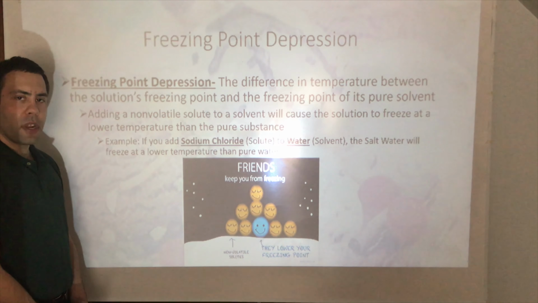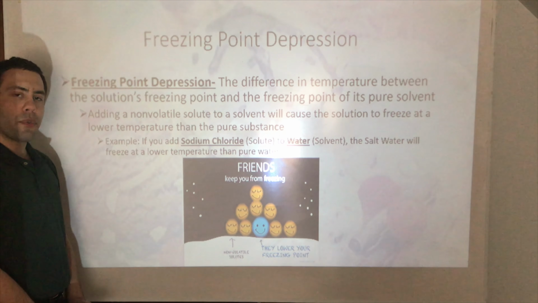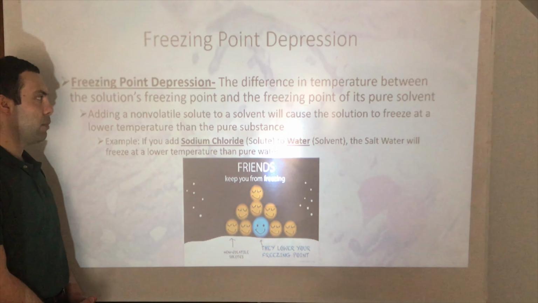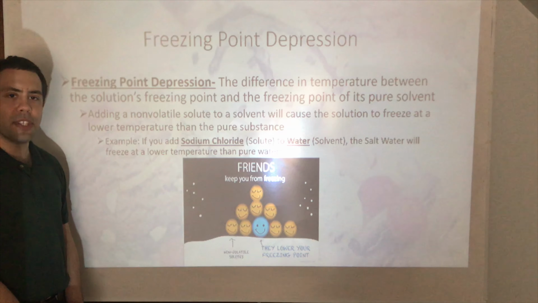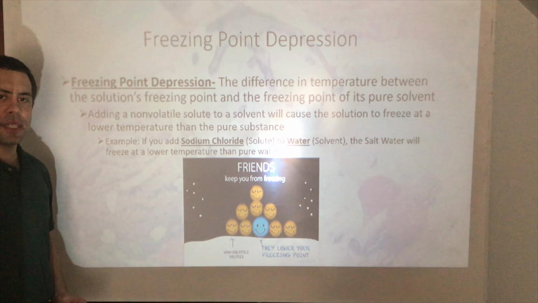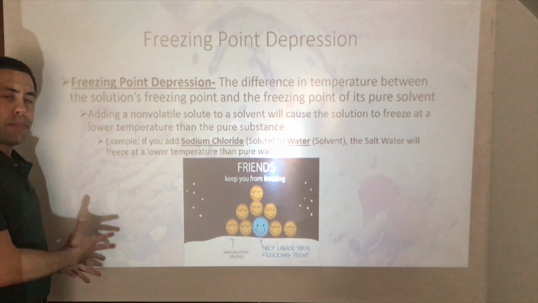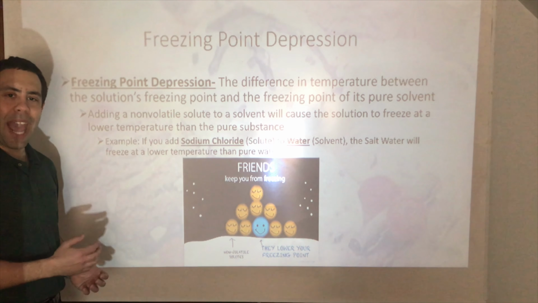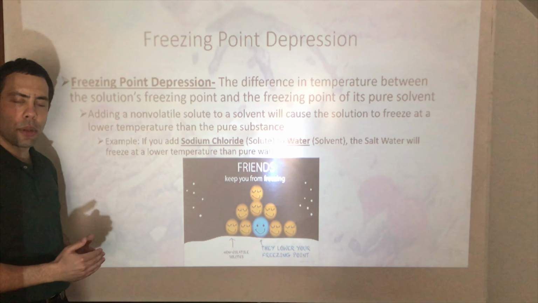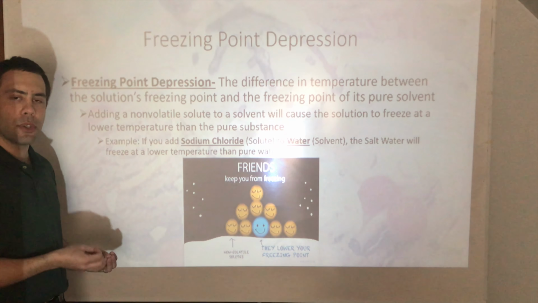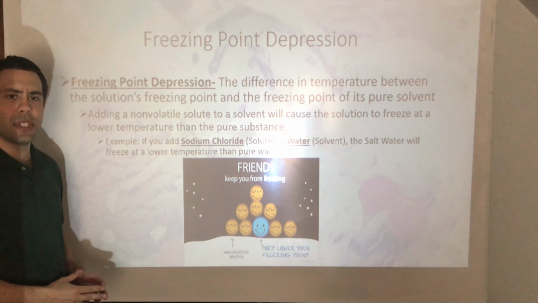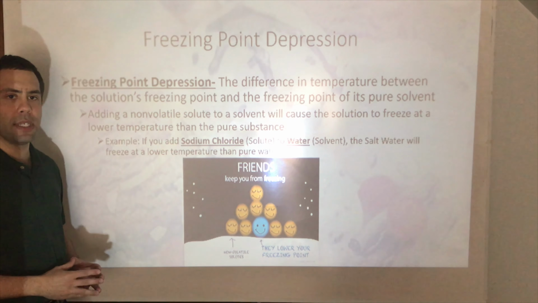Here's a more formal definition of freezing point depression. Freezing point depression is the difference in temperature between the solution's freezing point and the freezing point of its pure solvent. In our previous example, pure water has a freezing point of 0 degrees Celsius. When we added the salt to the water and created a 10% salt solution, we decreased the freezing point to negative 6 degrees Celsius.